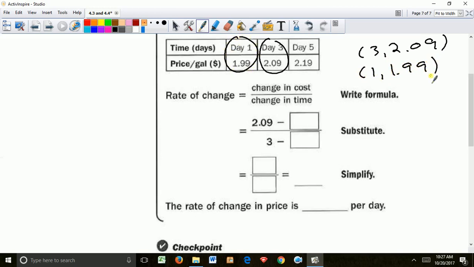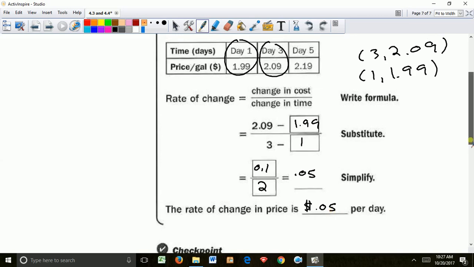We can take 2.09 minus 1.99, and then divide that by 3 minus 1. And if we simplify that, 2.09 minus 1.99 is 0.1, and then 3 minus 1 is 2. And if we simplify that, we get 0.05. What does that represent? The rate of change in price is given by 5 cents per day.